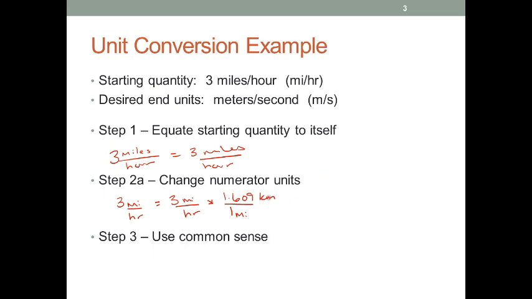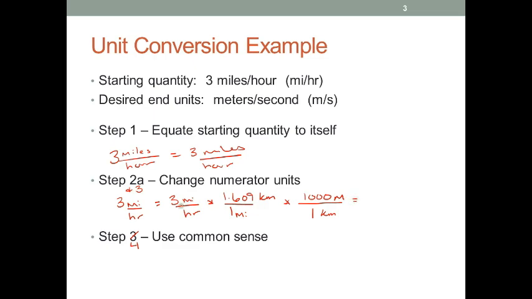Okay, so now I'm in kilometers. Kilometers is one of the metric prefixes that I require you to memorize. And hopefully you remember that 1 kilometer is 1,000 meters. And this should not be step 3, this should be step 4. This should be steps 2a and 3 because I've kept going until I got where I wanted to.